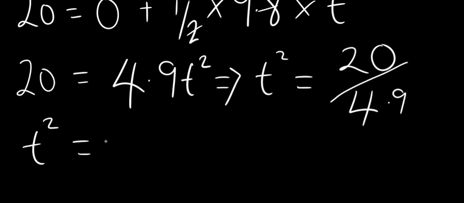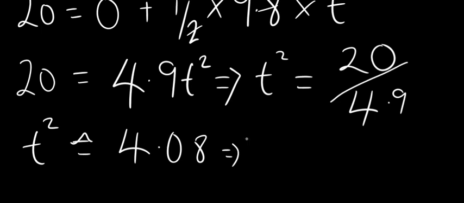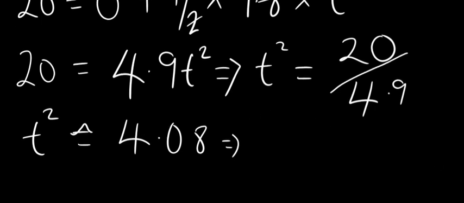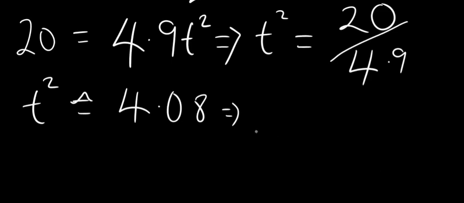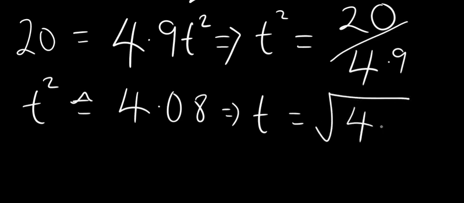What would that give us? That will give us approximately 4.08. The implication is that t will be equal to, for us to remove the square here, this becomes square root of 4.08.